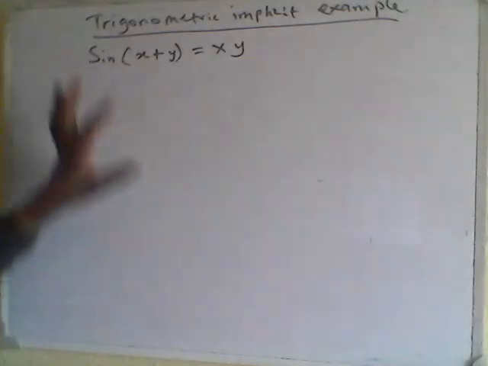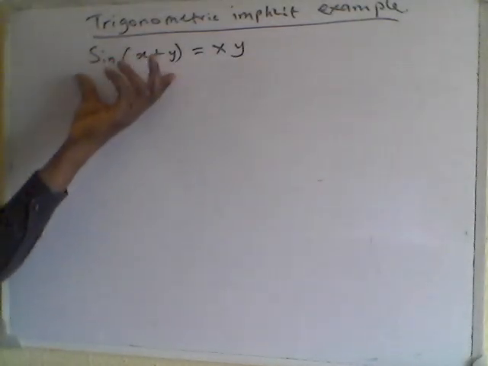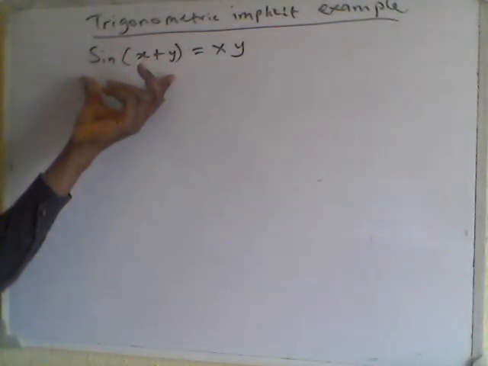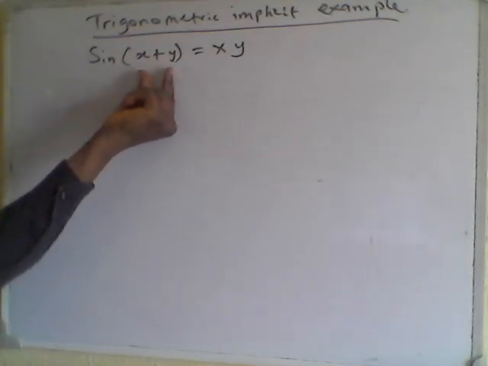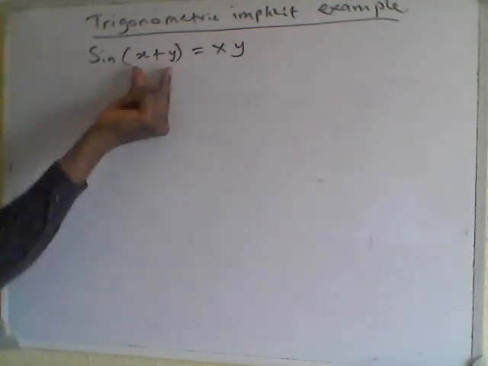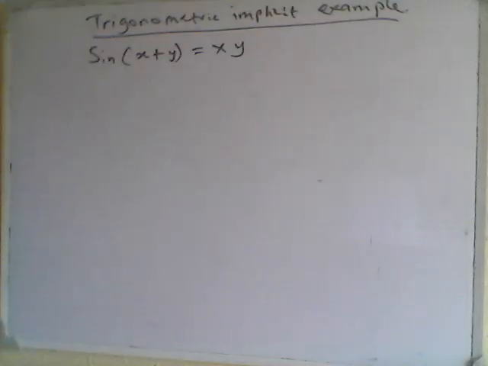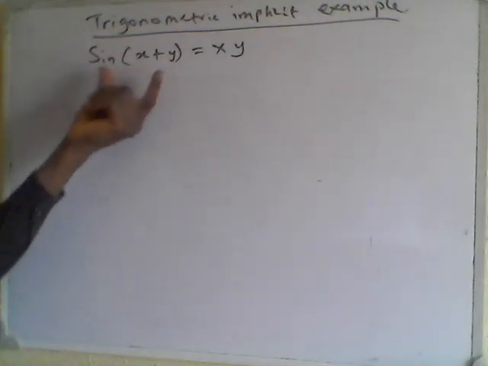For the left-hand side, this is a trigonometric function. It's implicit, so we're going to treat this one as a function of a function. There's a function inside a function.